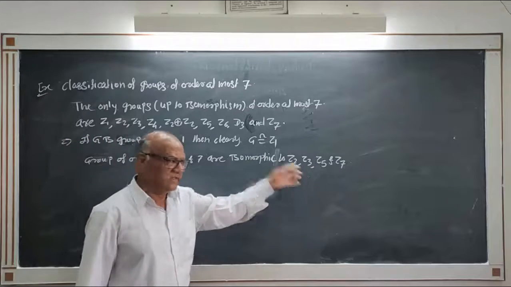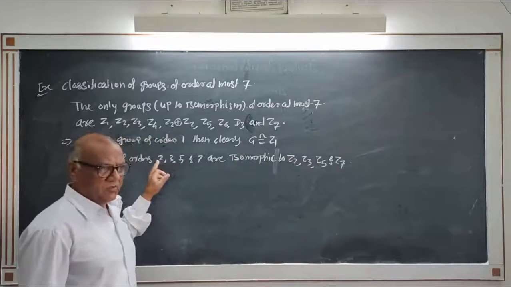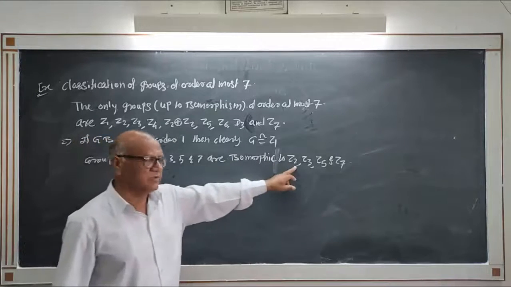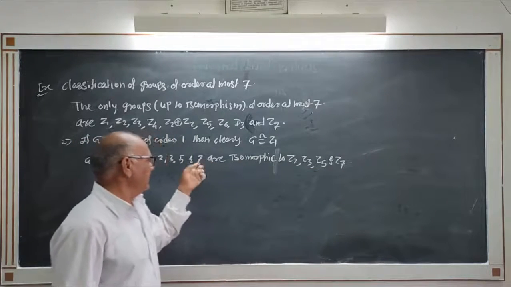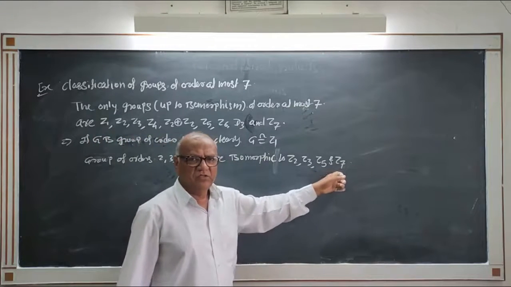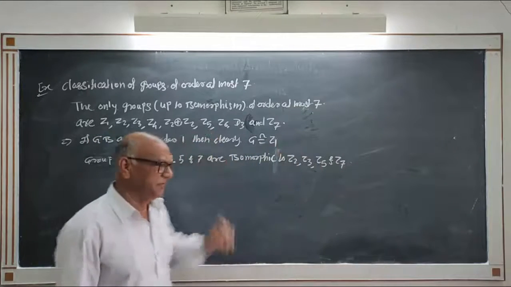That means a group of order 2 is cyclic, so it is isomorphic to Z2. Group of order 7 is cyclic, so it is isomorphic to Z7.